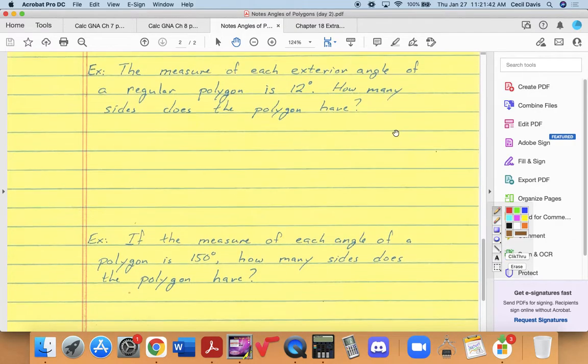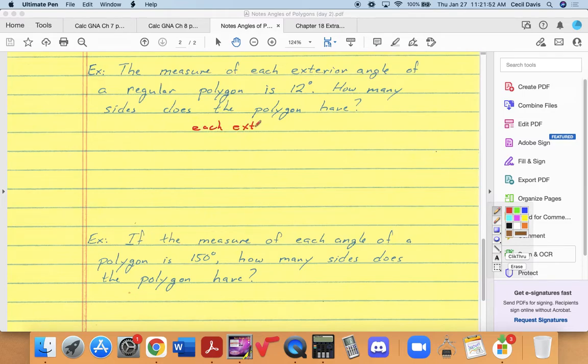For this next one, the measure of each exterior angle of a regular polygon is 12 degrees. Okay, well, we know that each exterior angle is equal to 360 over n. So we've got 12 is equal to 360 over n.